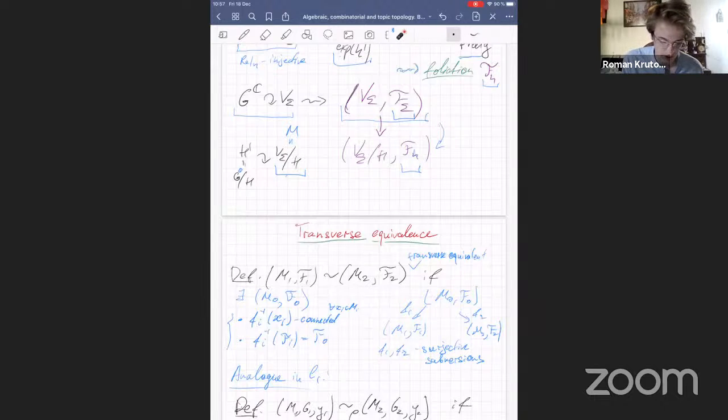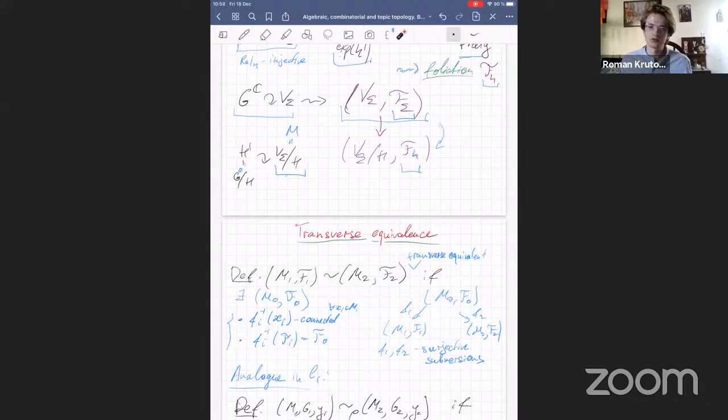First condition is that the preimage of any point under these maps is connected, and second, that the preimage of each leaf of any of these two foliations is a leaf of the foliation sitting above.